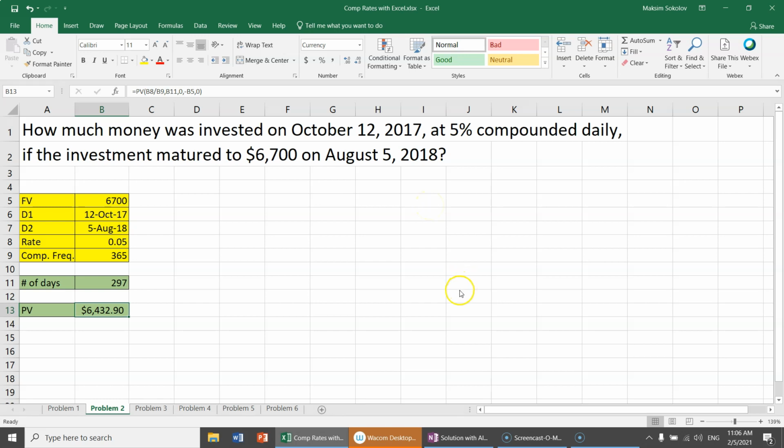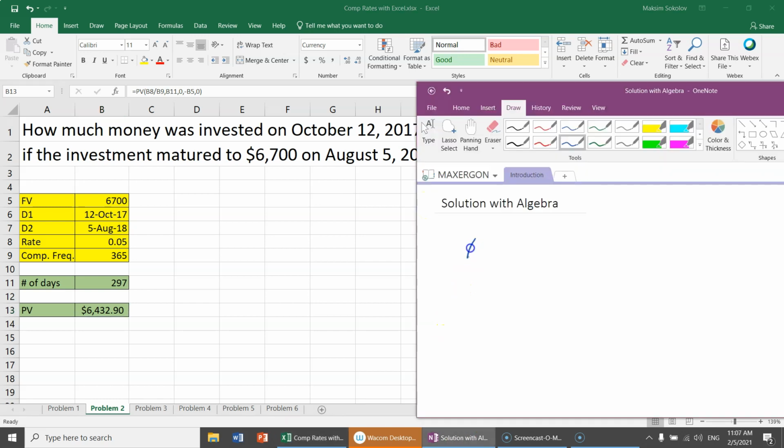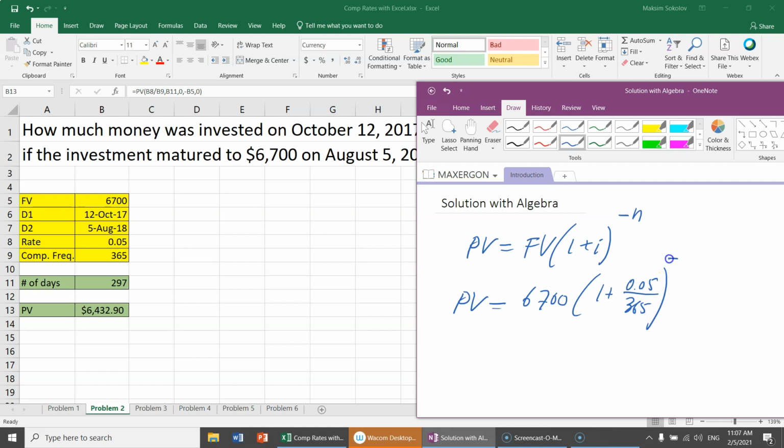Now let's see how this problem should be solved with algebra. We will be using the present value formula, which is future value times (1 plus i) to the exponent minus n. Present value is the future value, which is 6,700, times 1 plus the rate, which is the periodic rate, 0.05 divided by 365, and the exponent will be minus 297.